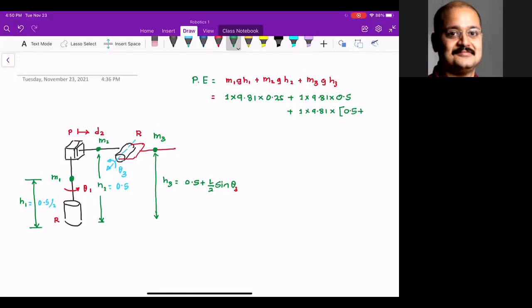What is the value of L? 0.5. Plus 0.5 by 2 sine theta 3. Now next thing is I want to find out the kinetic energy.